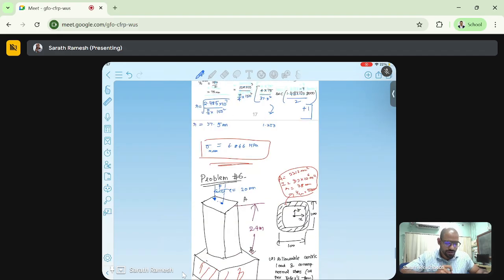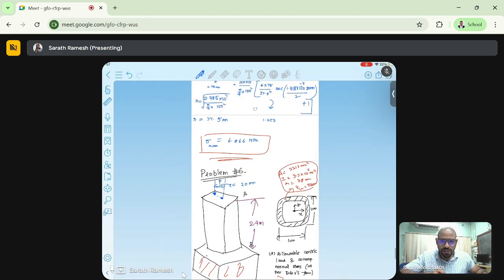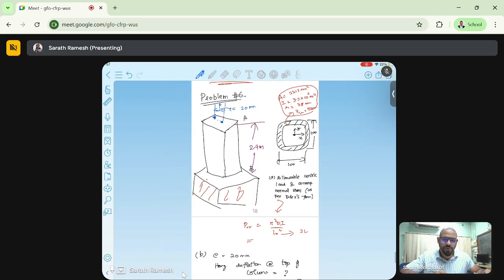And if you have any questions, feel free to ask in the discussion forum, and you can solve more such problems from the textbooks or any other materials you find. So the more we solve problems, the more we are familiar with the concepts.